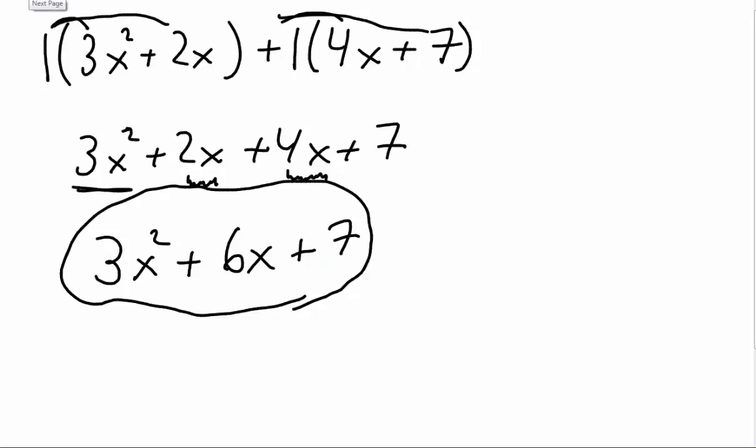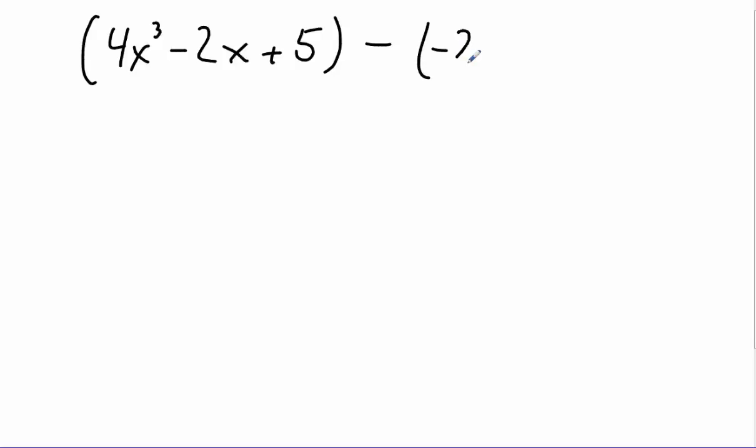Okay? Next example, let's take a 4x to the third minus 2x plus 5 minus the quantity, I don't know, negative 2x to the third plus 2x squared minus 4x plus 5.